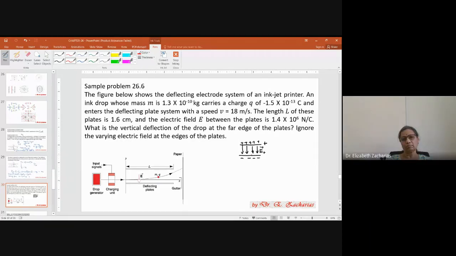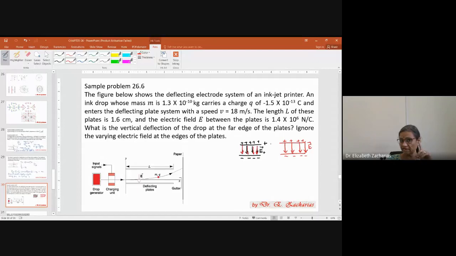The uniform field is downward. So you're just going to have fields which are adding up. If you have two plates carrying equal and opposite charges, there will be a uniform field coming from the positive towards the negative plate.